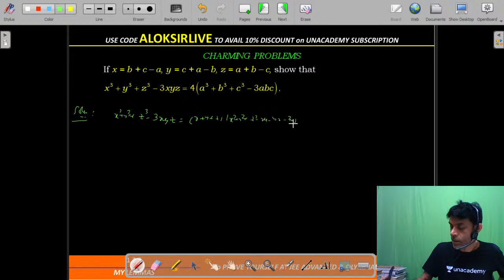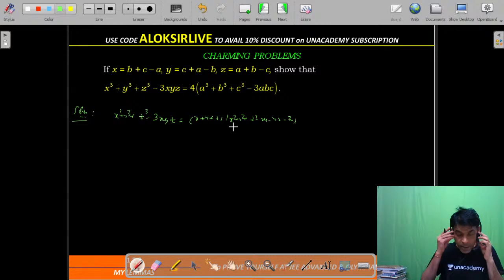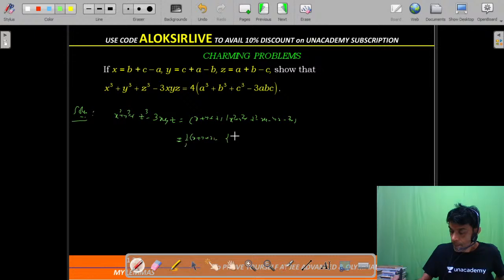That we remember always, not good because of a lot of expansion. So better write it as a sum of squares of differences, right? So this is (x plus y plus z) times half, and (x minus y) squared.